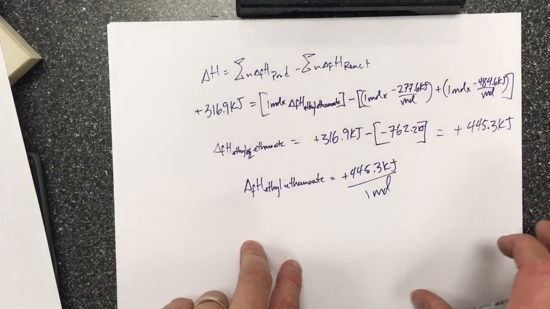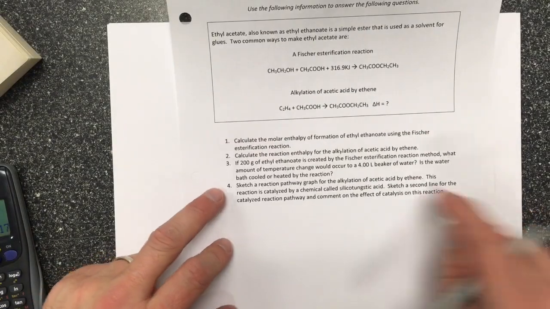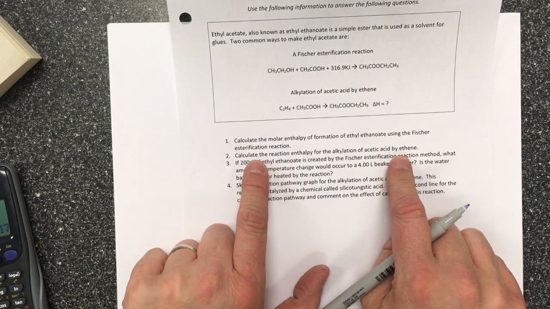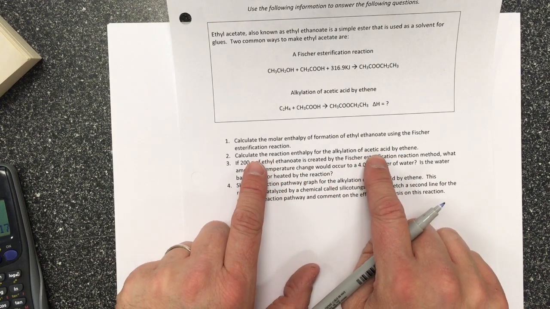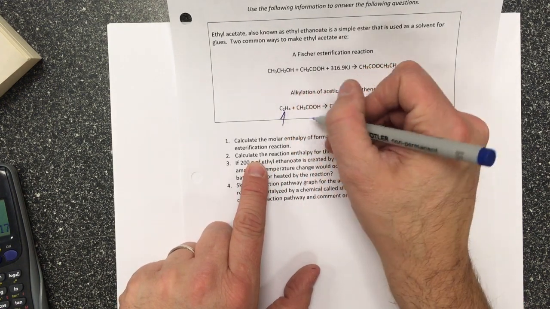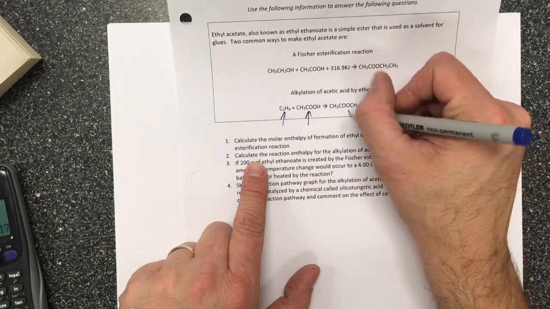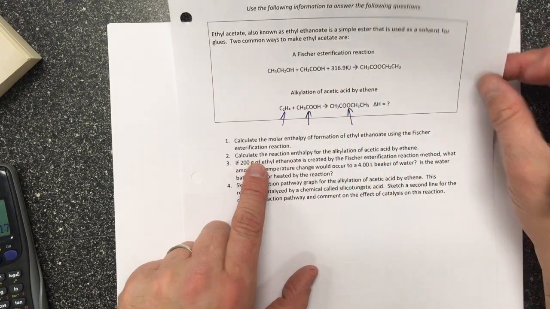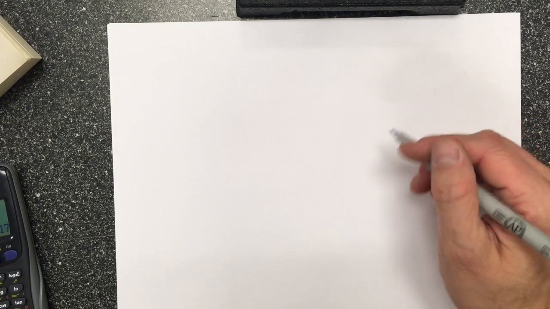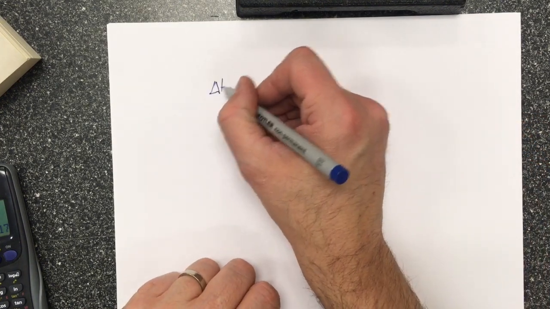The second question says to calculate the reaction enthalpy for the alkylation of acetic acid by ethene. And I'm going to, again, use Hess's law with formation enthalpy. I've got this in my data booklet, I've got this in my data booklet, and I've just calculated this. And so I can use that calculated term to get this reaction enthalpy.